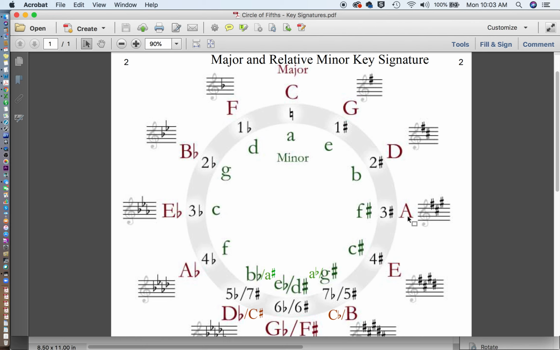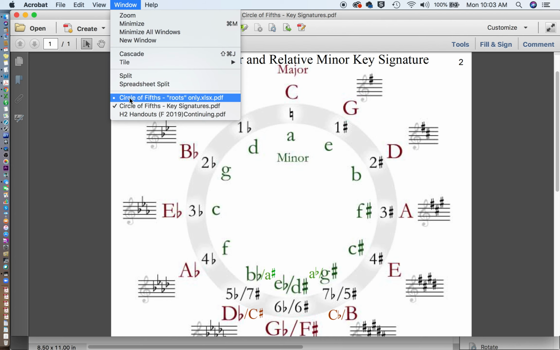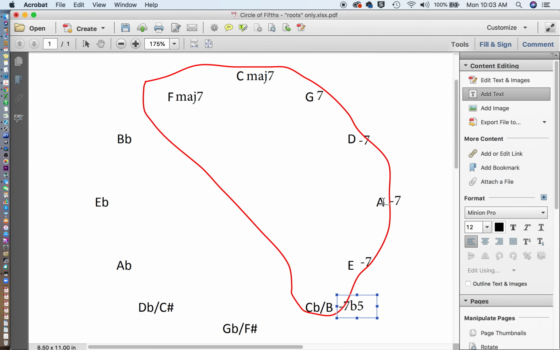D7 goes to G, A7 goes to D. But what if we take a 7th chord and use it to get to a diatonic chord in a major key? So, for example, if we want to go to A minor 7 in the key of C, we could use an E7 to get there, an E dominant 7, right? So an E dominant 7 to get to A, and that would be what's called a secondary dominant.